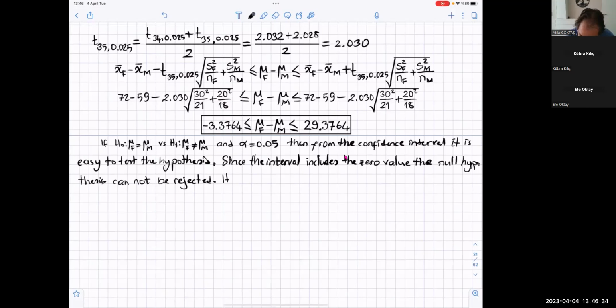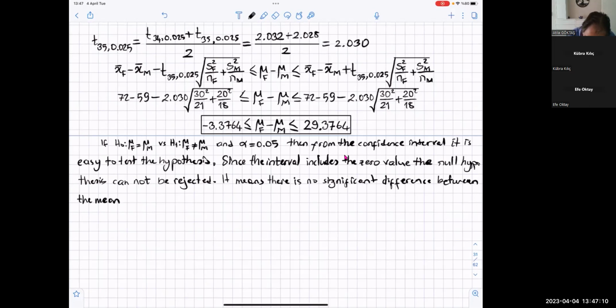It means there is no significant difference between the mean female speaking and the mean male speaking.